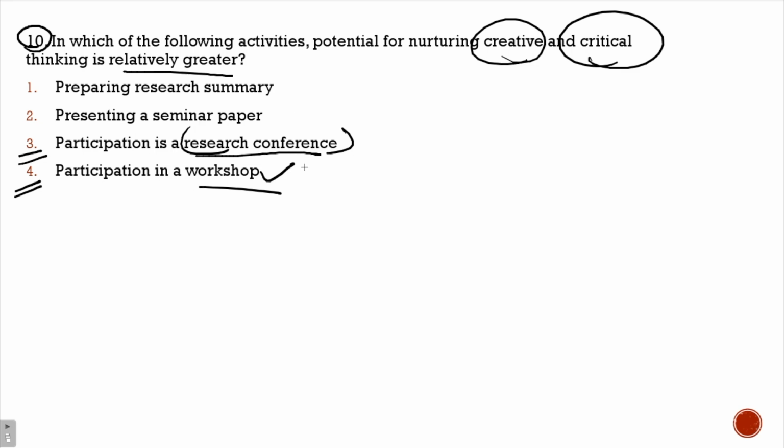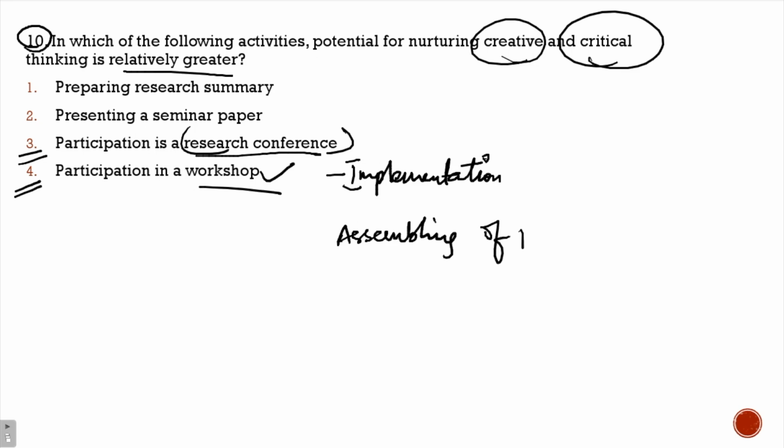Whereas in a workshop, what happens is you take part in the workshop and you focus on implementation of the steps that are provided to you. For example, if there is a workshop on assembling of phones, you are learning in the workshop how to assemble phones. Then in the workshop you will be actually assembling the phones and finding out for yourself what is the process of assembling the phones.